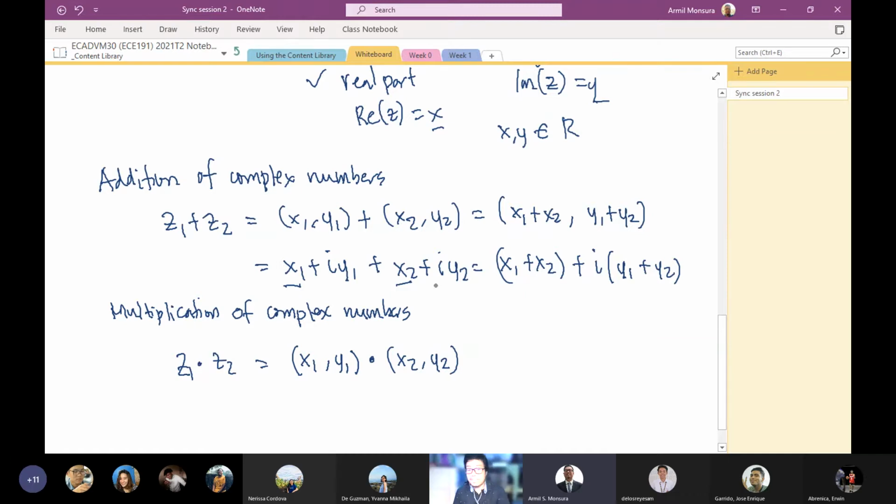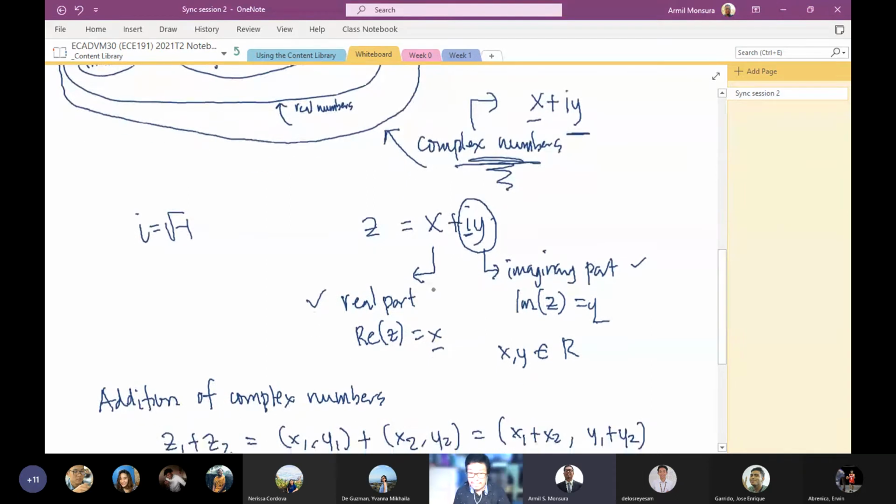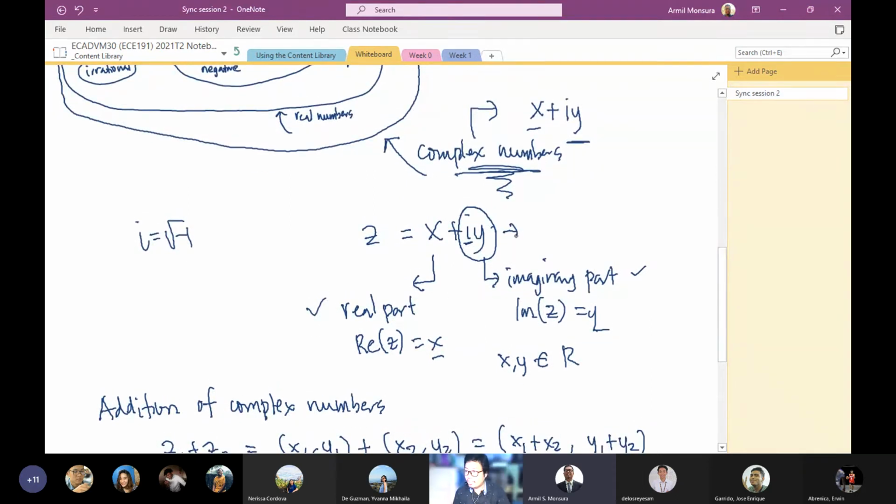And by the way, this notation, x plus iy, is called the rectangular form. Okay? Is that clear?